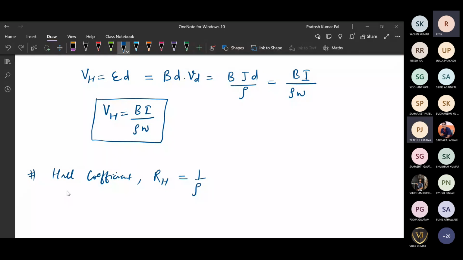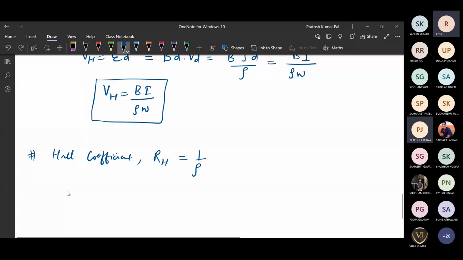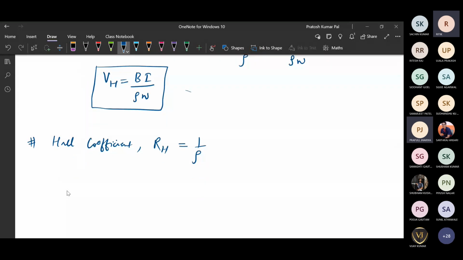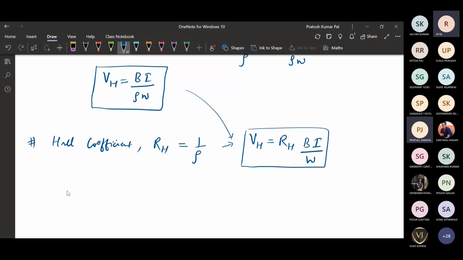By putting this, we can find that VH will be equivalent to RH, the Hall coefficient, into BI by W. So we can relate that the Hall voltage is directly proportional to the Hall coefficient.